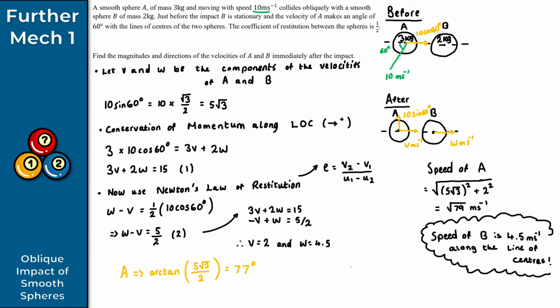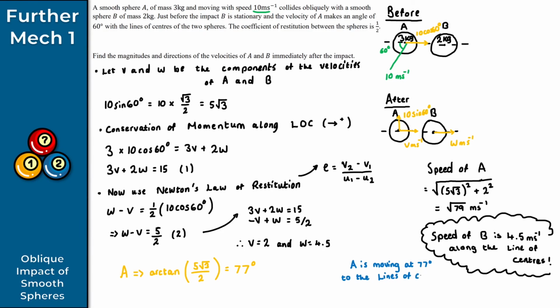So A is moving at 77 degrees to the lines of centers. Lines, I should just put an S there as well, lines of centers.